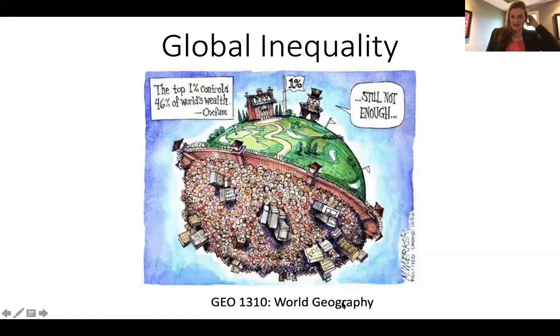This is a political cartoon that I think really captures the state of affairs from a satirical perspective. Global inequality has been growing steadily since the 1980s, and we're living in one of the most unequal times in recent history.